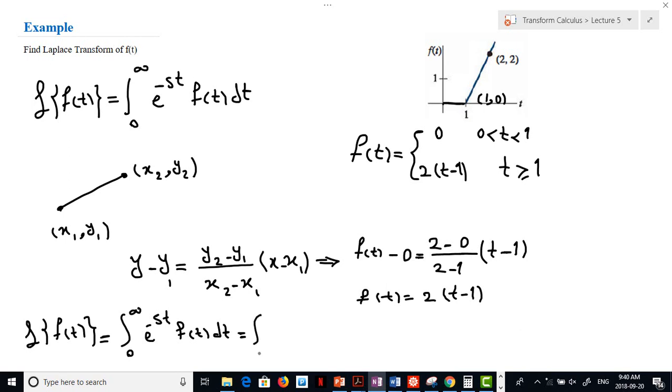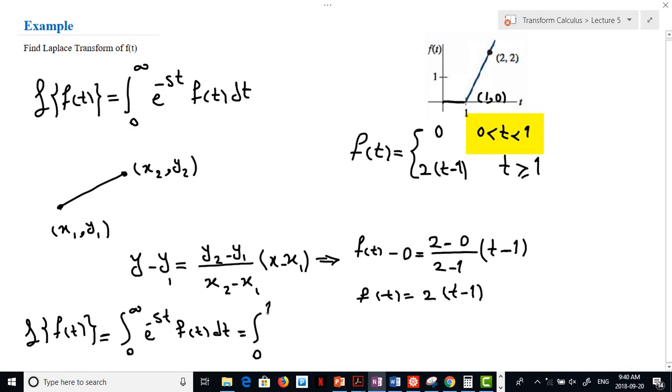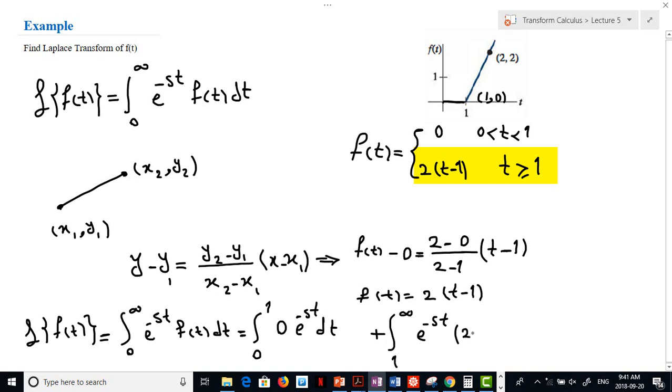The first integral is from 0 to 1 because we have one equation, plus the second integral is from 1 to infinity because we have the second equation. From 0 to 1, f(t) is equal to 0, so we have 0 times e to the power of minus st dt. And from 1 to infinity, we have e to the power of minus st times f(t). f(t) is 2 times (t minus 1) dt.